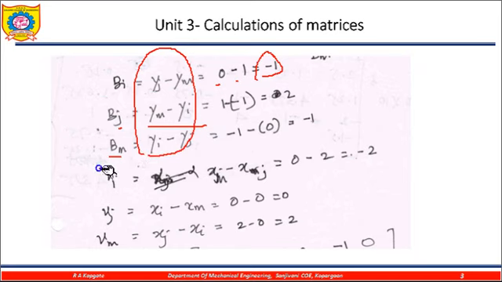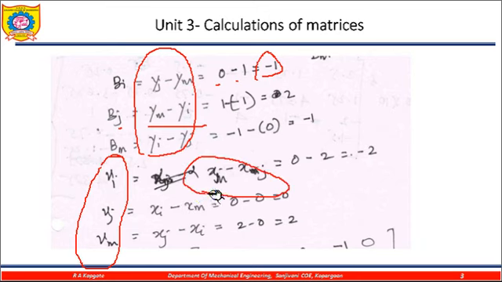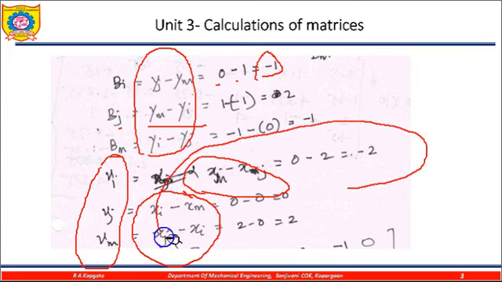In the same way gamma i, gamma j and gamma m are also calculated using the formulas with xi, xj and xm, because beta is along the y coordinate and gamma is along the x coordinate. According to that I am able to calculate these values.